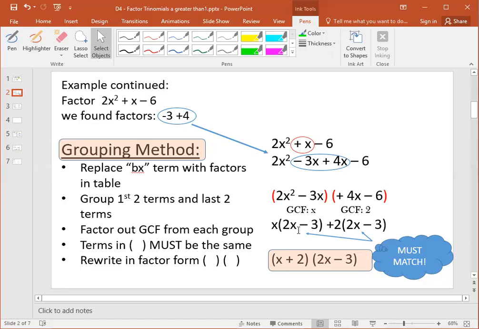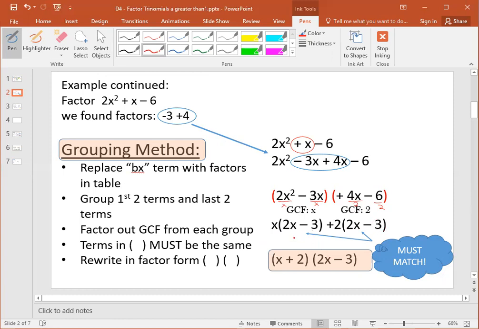X times negative 3. If you remember from last time, we actually divided by that GCF. If you want to do that, you can do it this way too. Here in the second half, positive 4 divided by 2 gave me 2 and an x. Negative 6 divided by 2 gave me negative 3.